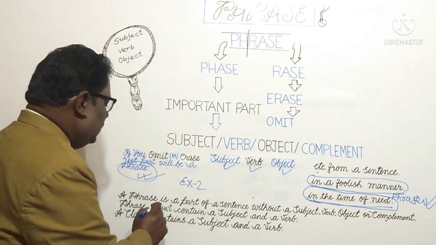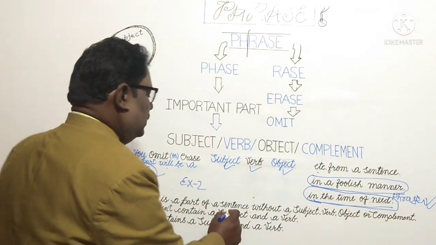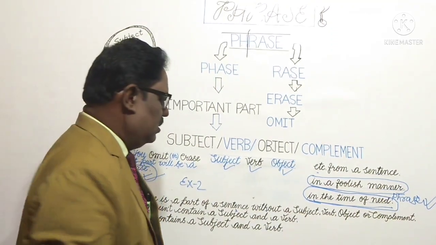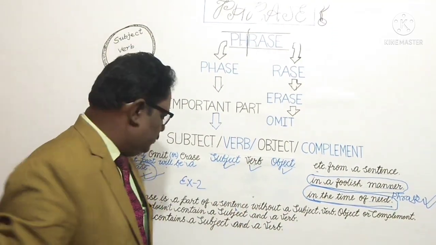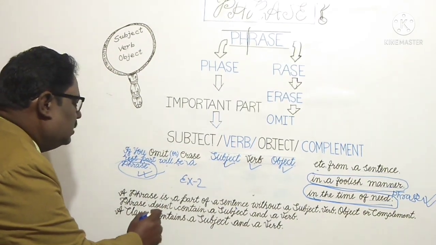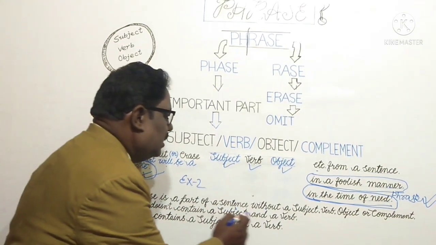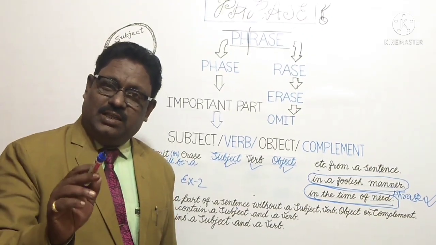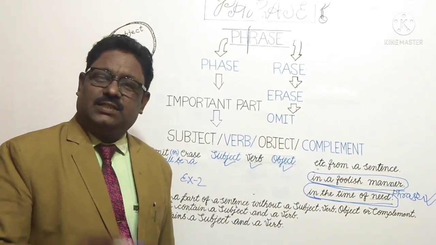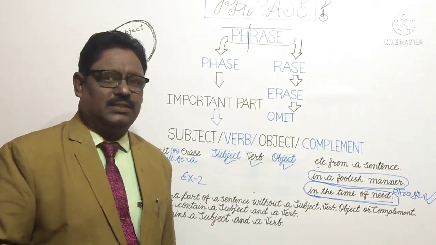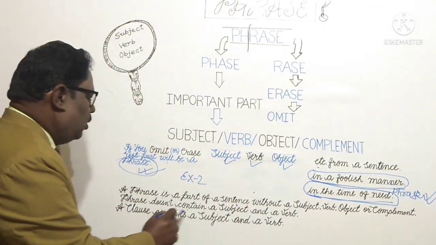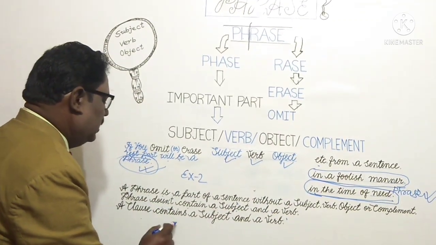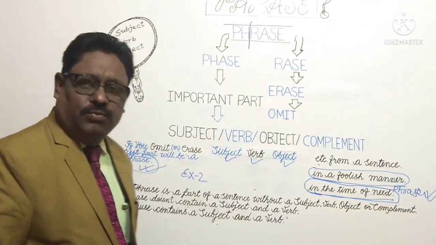A phrase is a part of a sentence without a subject, verb and object or complement. Phrase does not contain a subject and a verb, but a clause contains a subject and verb. This is the difference.